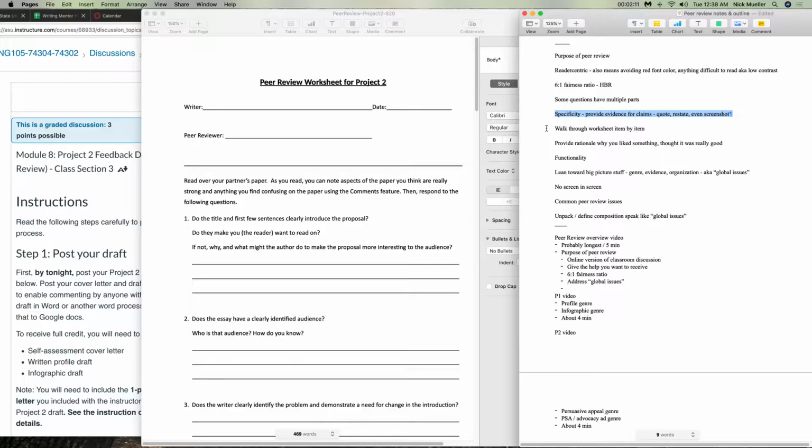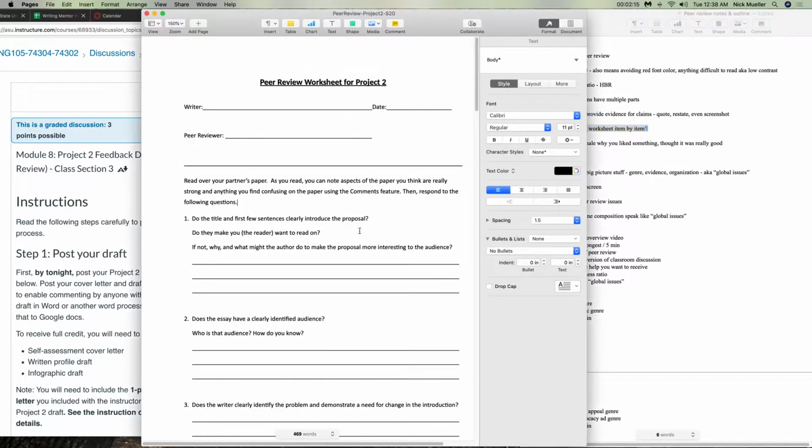So right now I'm going to walk through this worksheet item by item to give you an idea of how to approach it. Okay, so prompts for number 1. Did the title and first few sentences clearly introduce the proposal? Well, this is important because we want to get our readers hooked early on, right?